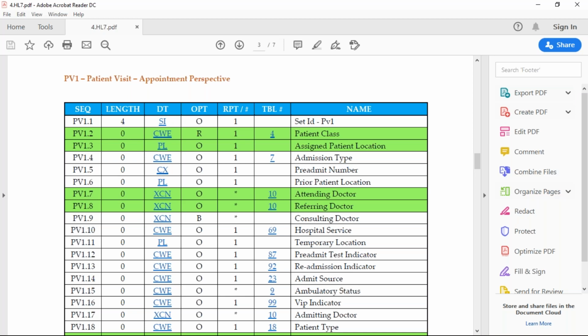PV13 is the assigned patient location. So what does this mean? This is nothing but the AIL information that we have captured, at which location the patient wants to get his appointment done. But when we talk about this from a demographic perspective, it represents the location where the patient got registered. So let us discuss the same scenario that we saw yesterday.